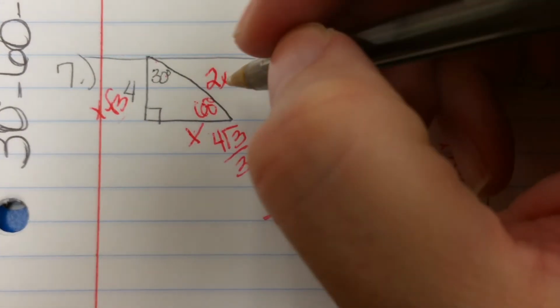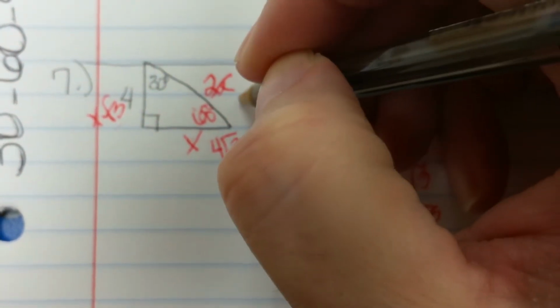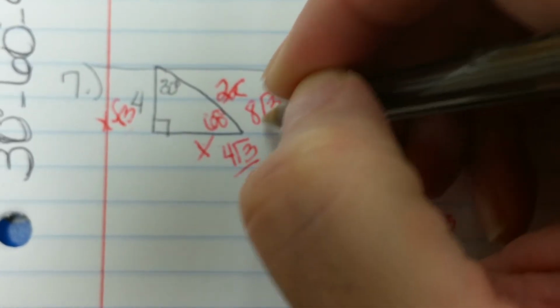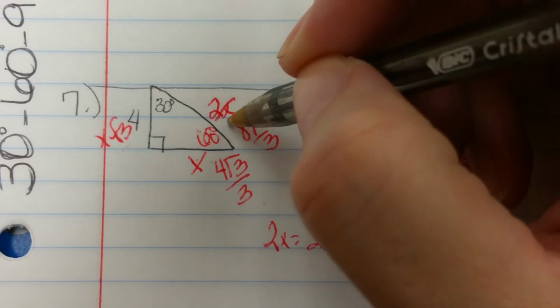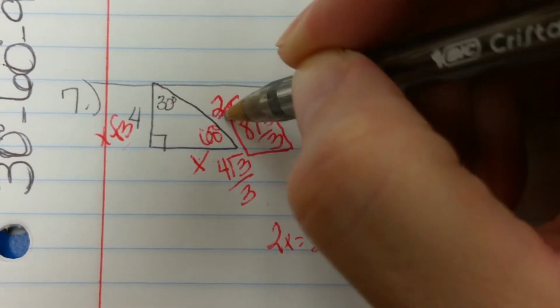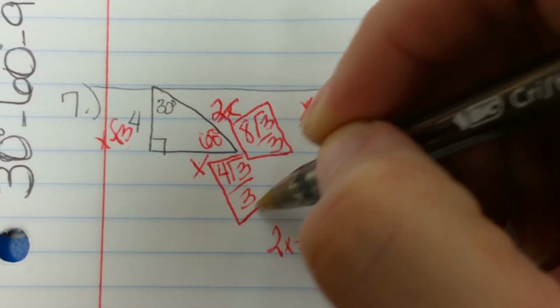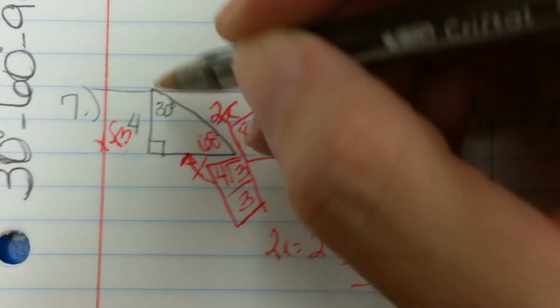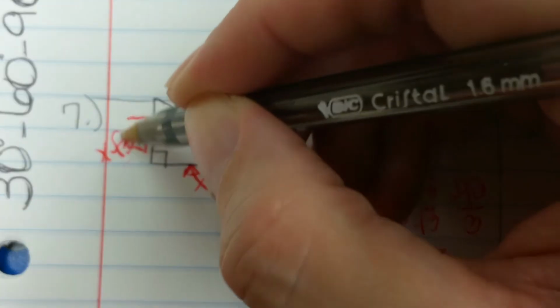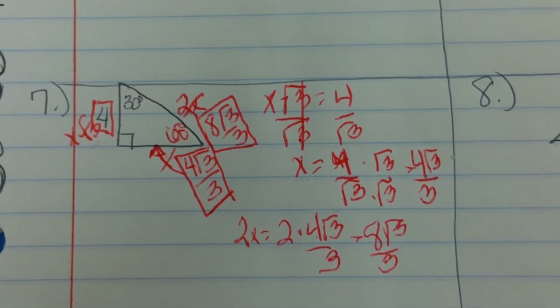So this side up here is going to be 8 square roots of 3 over 3. So this is my side length for the hypotenuse. This is my side length for this side over here. And we were given 4 as our shortest side.